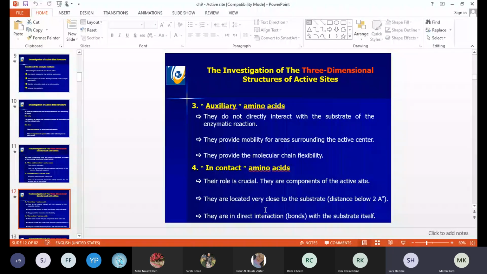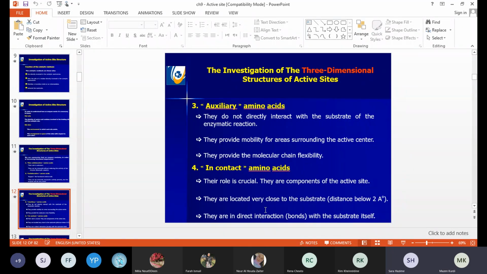They are at a very close distance with the substrate, and they are in direct interaction with the substrate itself. هول اللي هن components of the active site اللي هن binding and catalytic. هول بنسميهم in contact amino acids with the substrate. So we have these four types of amino acids present in the protein. أكيد الauxiliary in contact are very important for the activity of the enzyme.